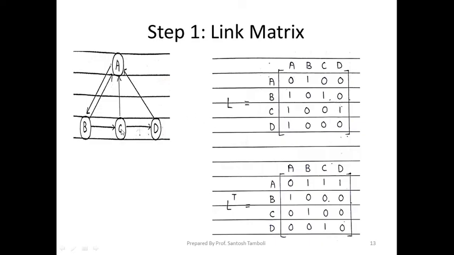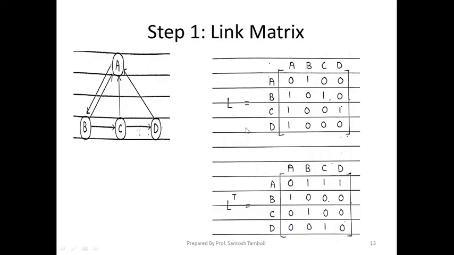From C, there are 2 outgoing links towards A and D, hence these entries are 1 and the other 2 entries are 0. And from D, there is only one outgoing link towards A, hence that entry is 1, the other 3 entries are 0.